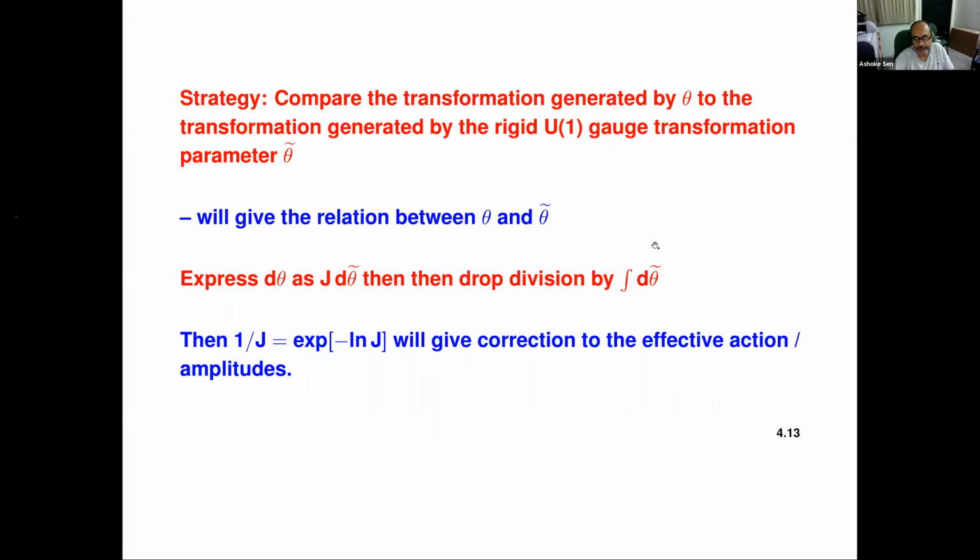But in that process we get a factor of 1 over J, because we had 1 over the integral d theta to begin with, and now we have modified it to 1 over J times d theta tilde. This 1 over J, after you exponentiate, will give a correction to the effective action, and hence also to amplitudes, and that is something you have to take into account.